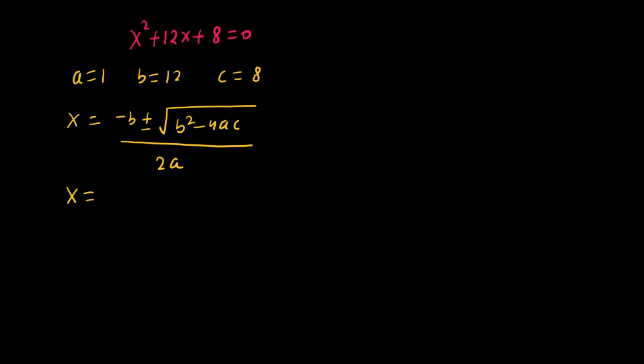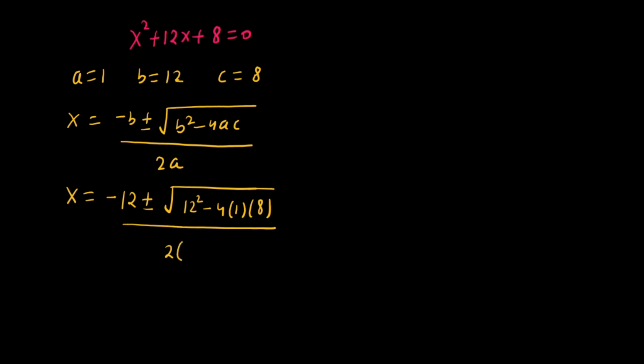Then x is equal to minus b, which is replaced by 12, so minus 12 plus or minus square root of b square, that is 12 square, minus 4 times a, which is 1, and c, which is 8, and divided by 2 times a, which is replaced by 1. Then x is equal to minus 12 plus or minus square root of 12 square is 144, minus 32, and divided by 2.